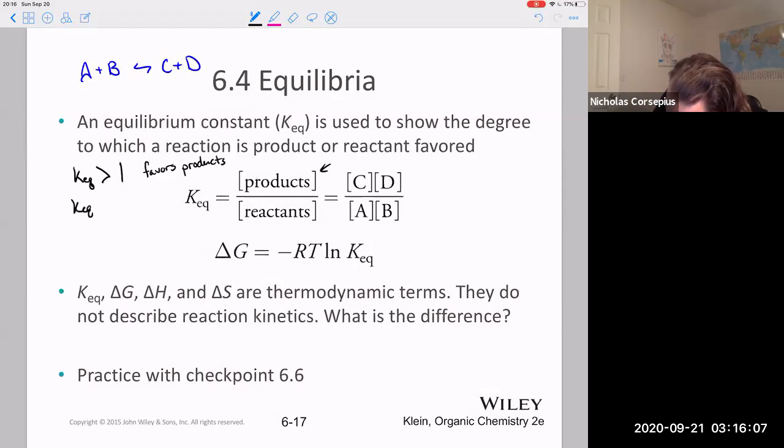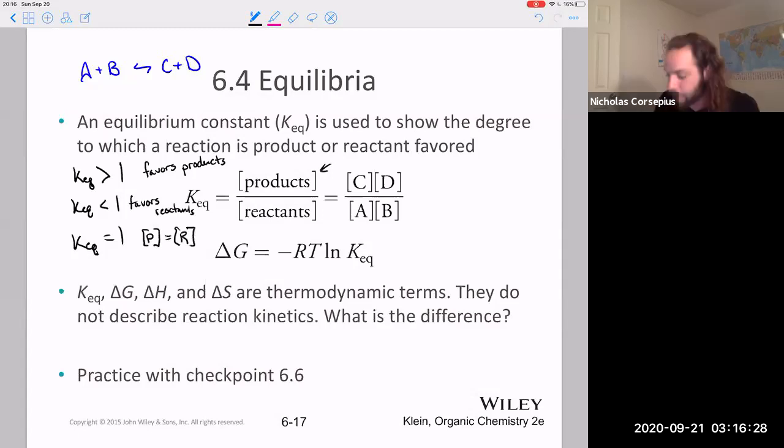Likewise, KEQ of less than 1 favors reactants. And what about when KEQ equals 1? Then I have equal concentrations of products and reactants, okay? So product concentration equals reactant concentration if KEQ is 1.